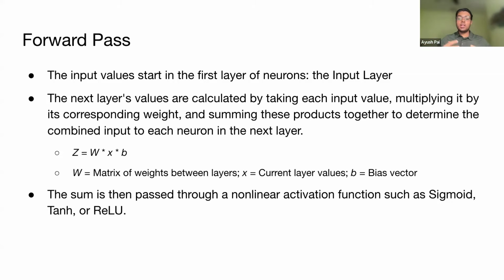For example, the relu function outputs the input directly if it's positive, otherwise it outputs 0. The tanh function gives you values from -1 to 1, and you can put in any value, even 100,000, and it'll give you a value between -1 and 1. And the sigmoid gives you a value from 0 to 1.